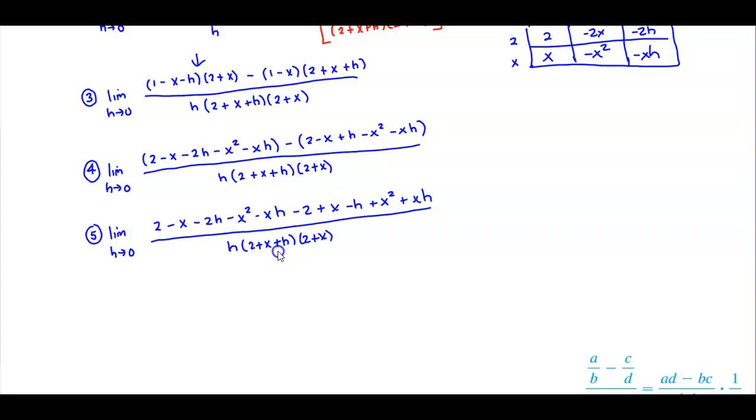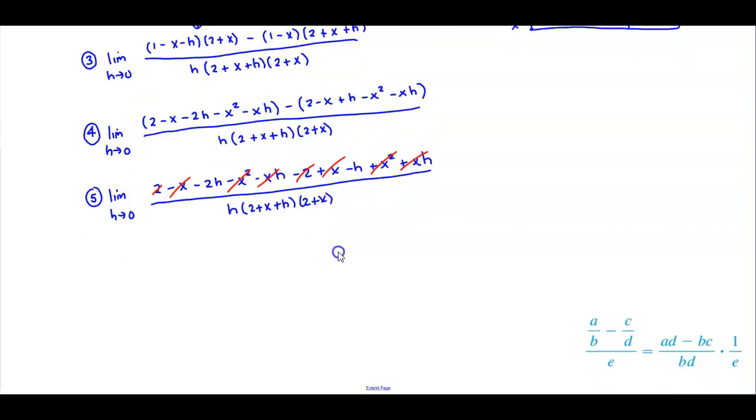So let's see what we can combine here in our numerator. Well, we can eliminate the 2's, that's 2 and negative 2. We can eliminate the x, that's minus x and then plus x. We can eliminate the minus x squared and plus x squared. Minus xh and plus xh. So then what's left in our numerator?